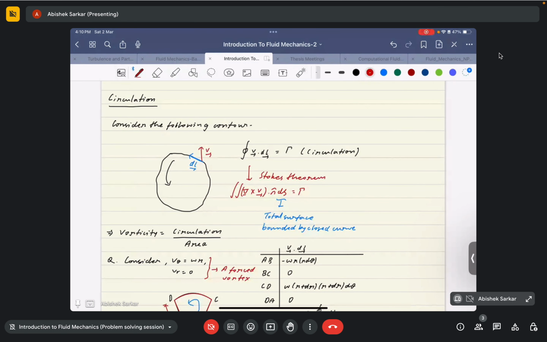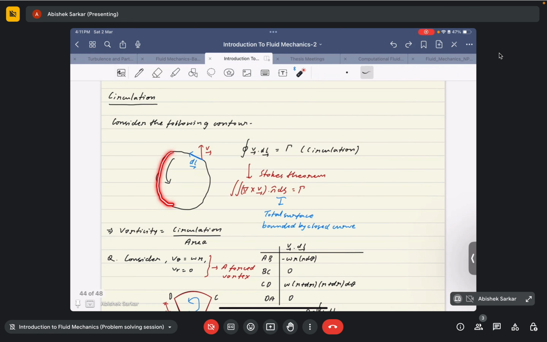So from Stokes theorem we can write this as the surface integral of the curl of the velocity field over this surface that is bounded by the boundary of the flow domain, which will again be equal to the net circulation.